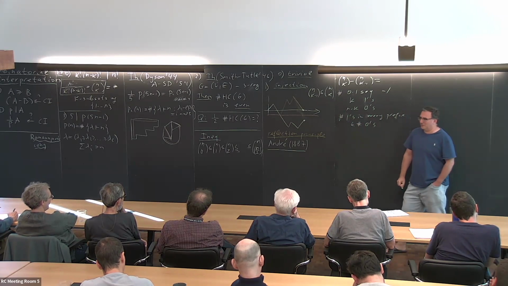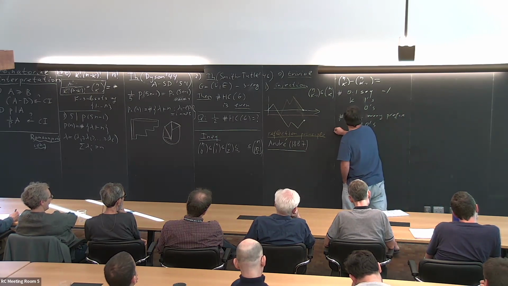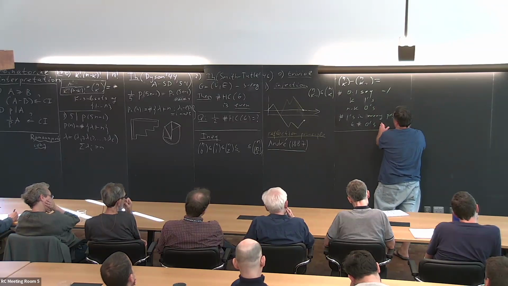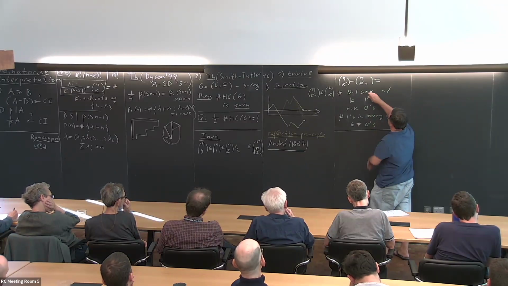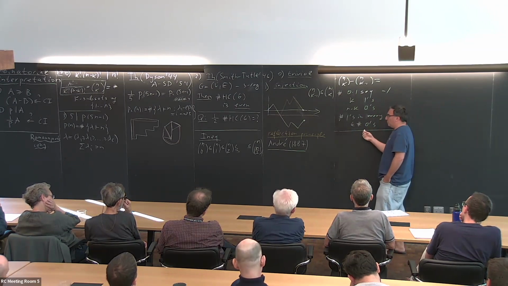I kind of like that better. So zeros come first. The result that the number of those sequences is equal to the difference of binomial coefficients is called the ballot problem.